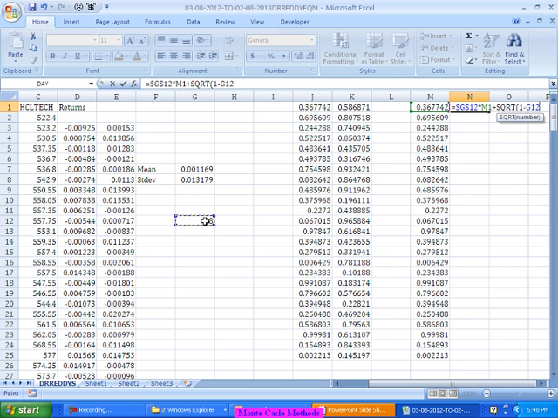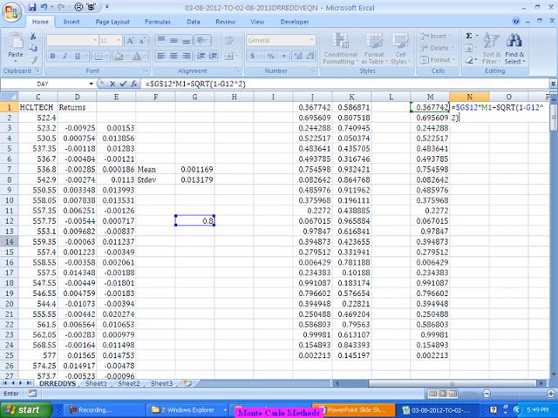I am multiplying the correlation with n1, and logically speaking, 1 minus correlation with the other random number.